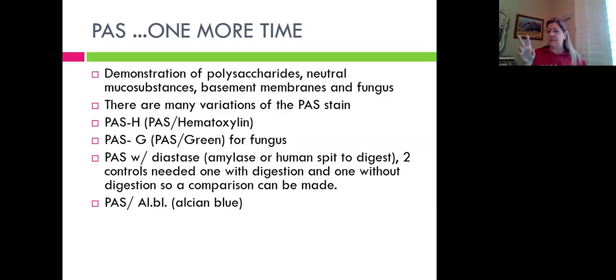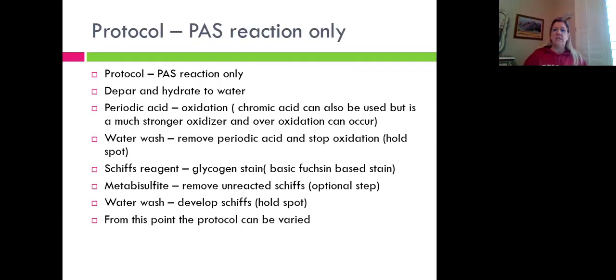For whatever reason, it seems to be predominant that people call it the PAS Alcian blue, but really the first part of the stain is the Alcian blue and the second part of the stain is the PAS. So we're going to start with just the PAS, okay?